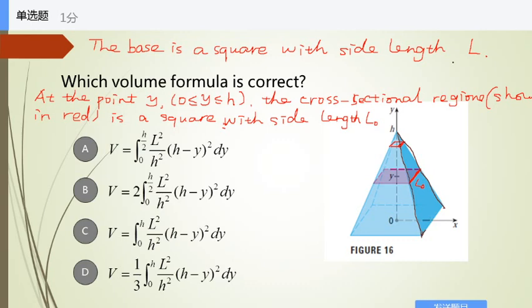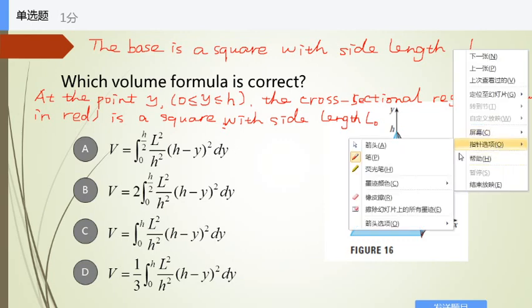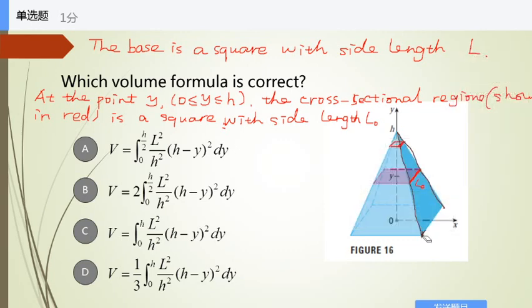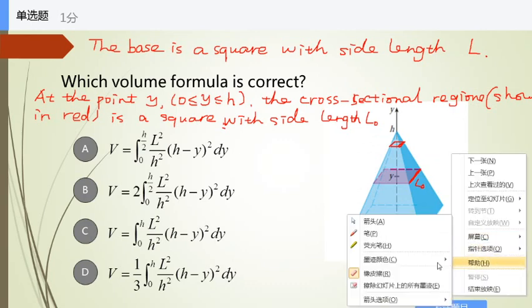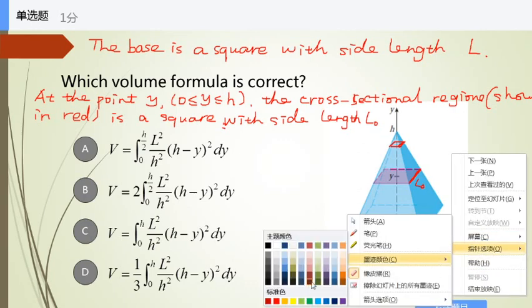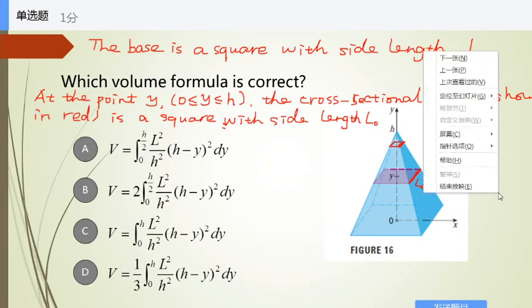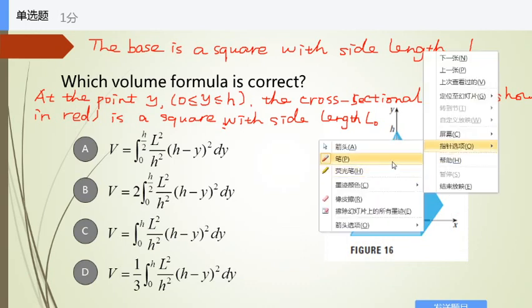Not this triangle, it will be another triangle. Sorry. Be patient, okay? I will explain how to work out the volume of this pyramid. I'll give you some hints and you will figure out by yourself how to finish this quiz.